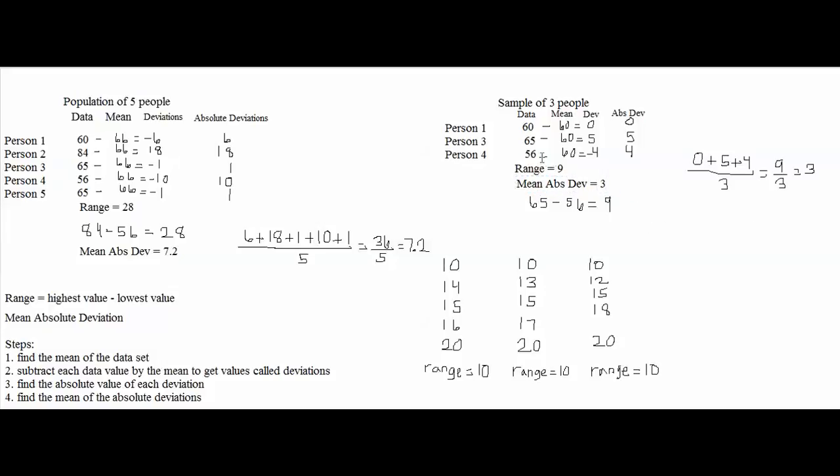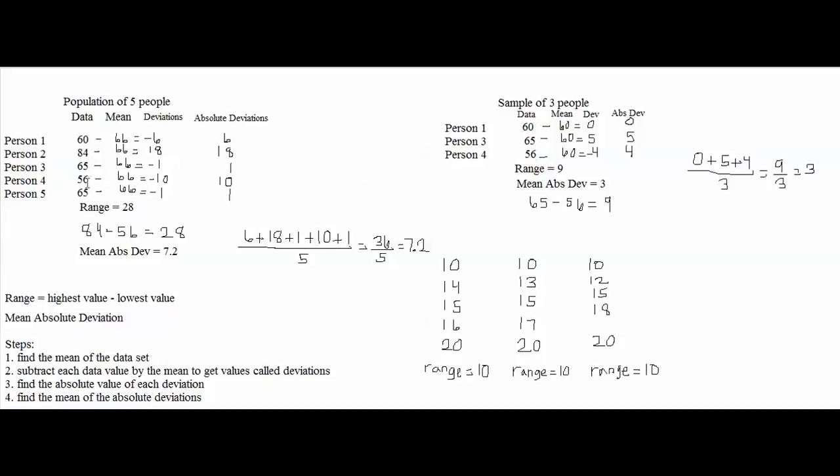Remember how I said that the sample has less dispersion and the population has more dispersion? Since the population has more dispersion than the sample, that's why the population has a higher mean absolute deviation than the sample. We have a list of numbers right here, and we have a list of numbers right here.